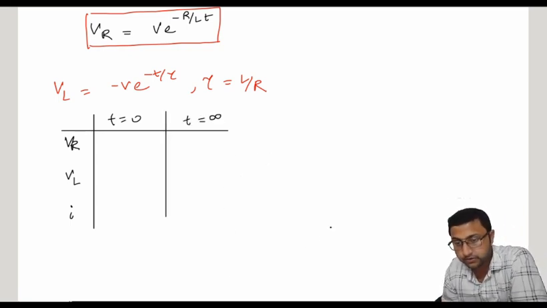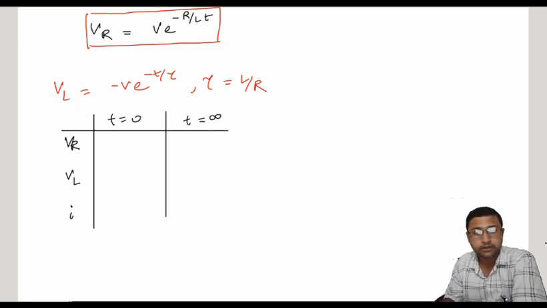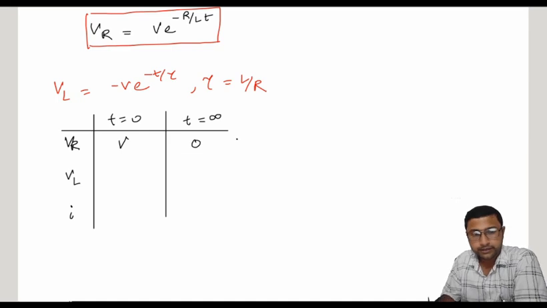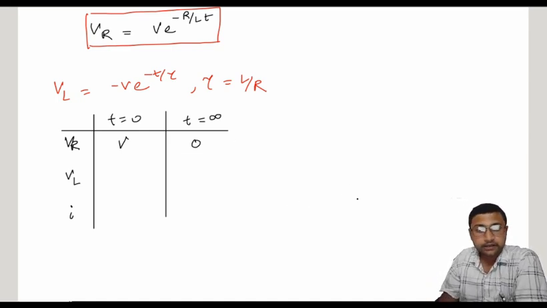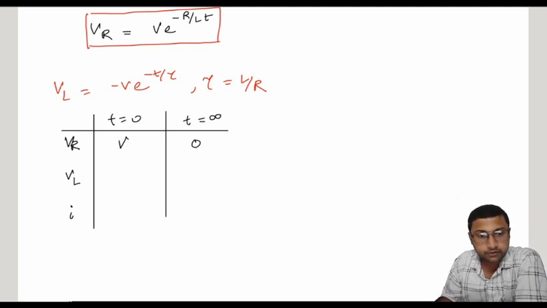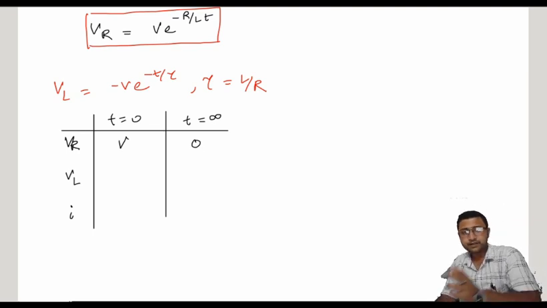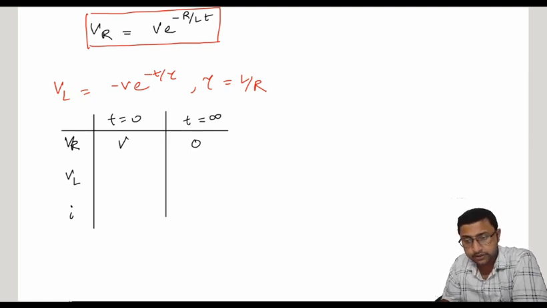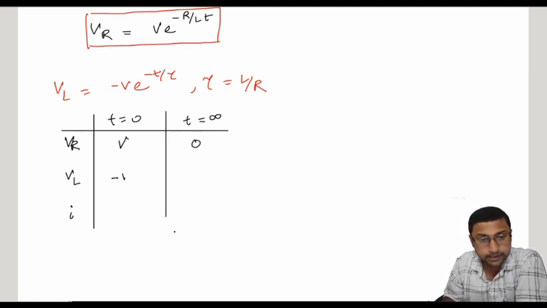At t equal to 0, if we put the value in the equation of VR, it will be exactly V, and at t equal to infinite VR will be 0. Just put the value of t in the expression of VR and you will find the actual value.